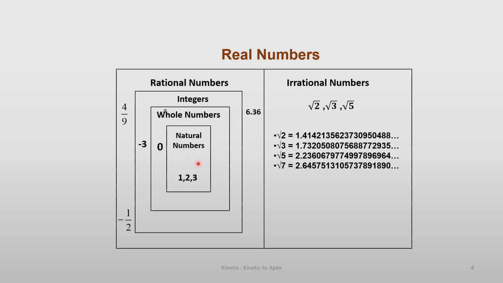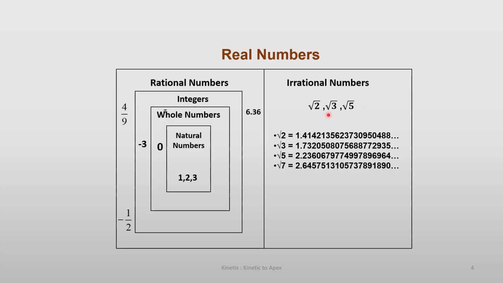Then natural numbers added with 0 become whole numbers. Whole numbers added with negative numbers minus 1, minus 2, minus 3 become integers. Then on the number line, anything in the form of a fraction, maybe positive fraction, maybe negative fraction, becomes the rational numbers.